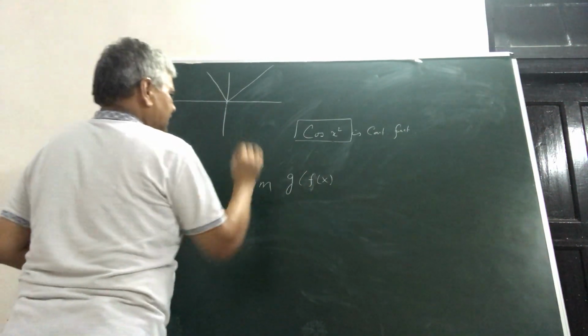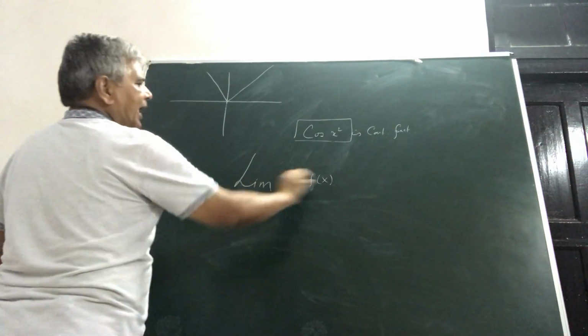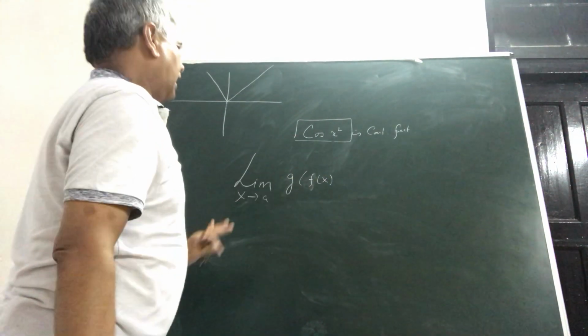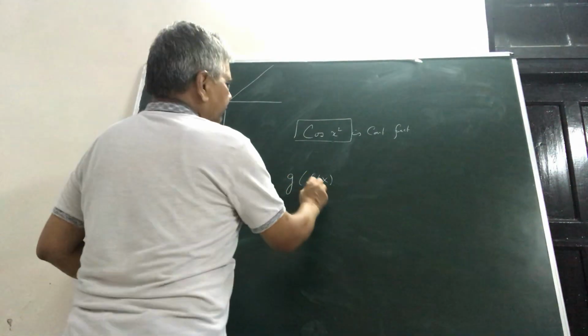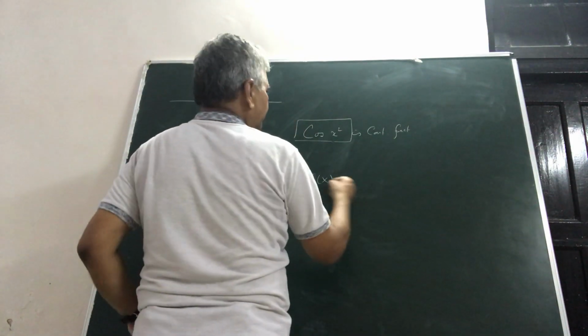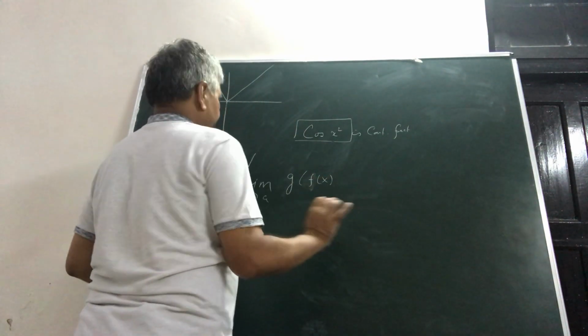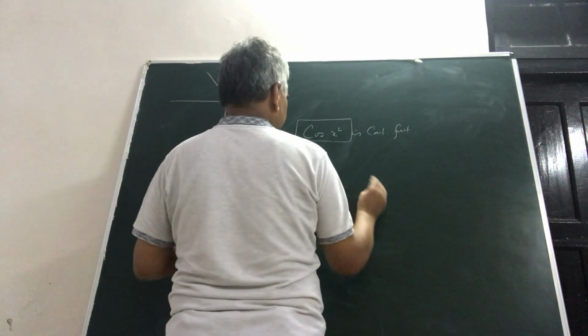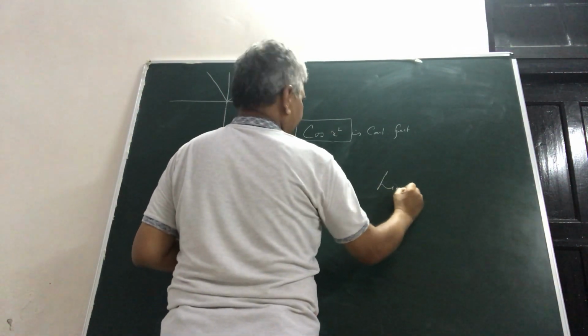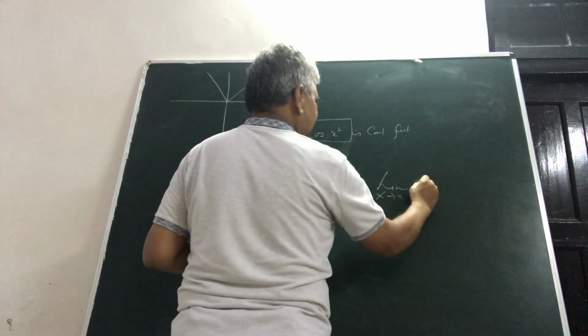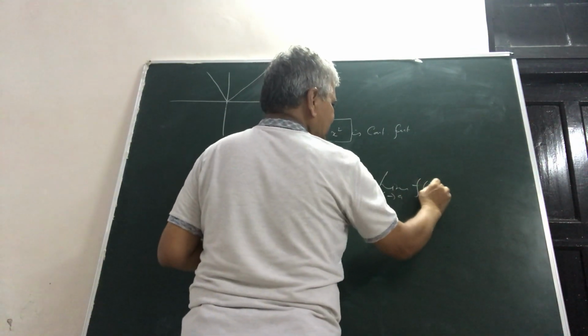Suppose g(f(x)), limit x tending to a, g(f(x)) you have to calculate. Normally what you do, you put the internal function equal to t. So two limits you have to take. Limit x tending to a, of the internal function f(x).